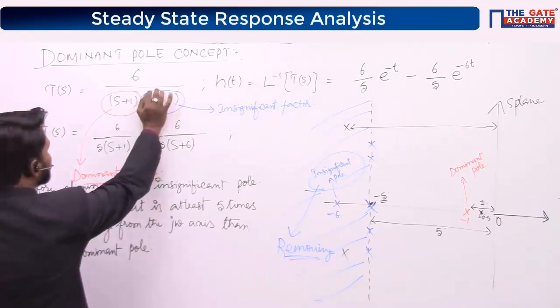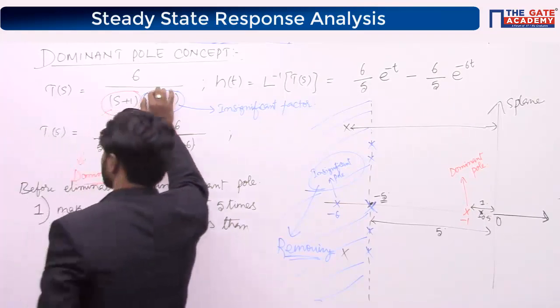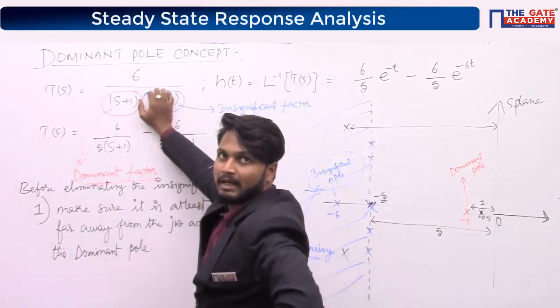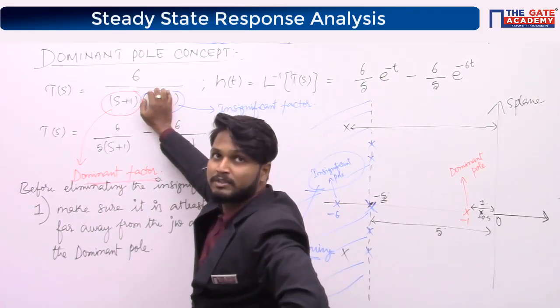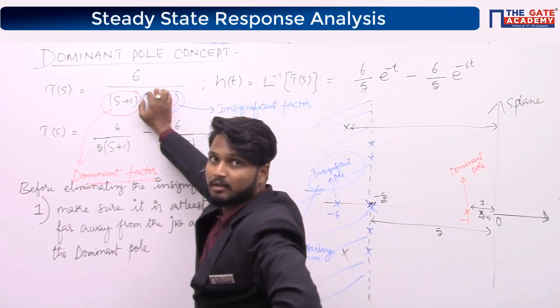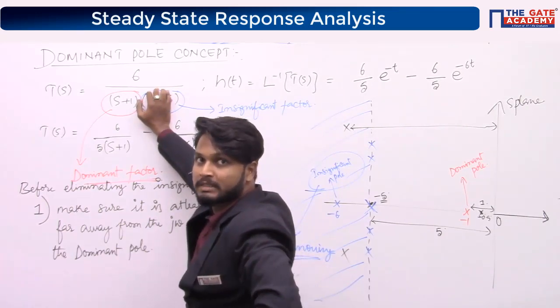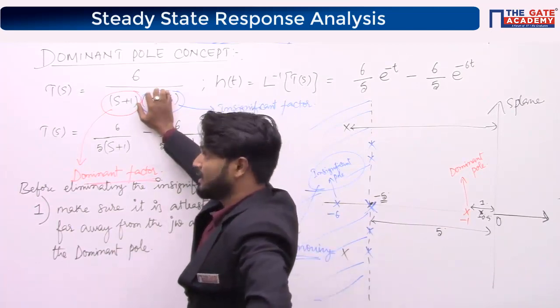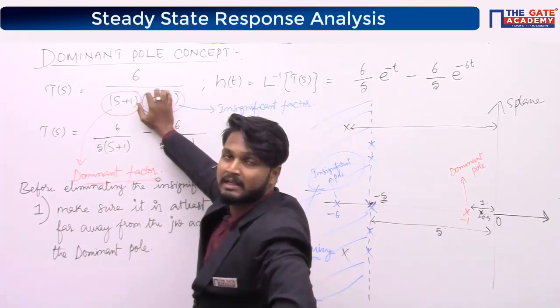So if I remove this insignificant factor directly, what is the DC gain? 6, right? So if I remove the pole directly, the DC gain is getting affected.